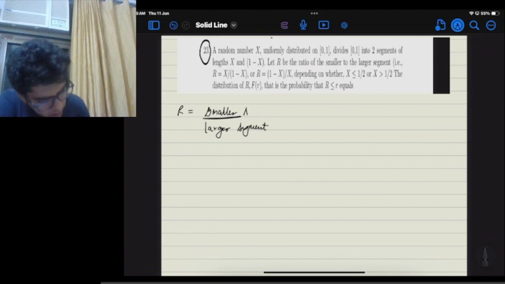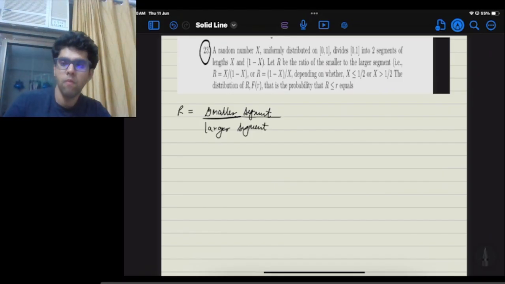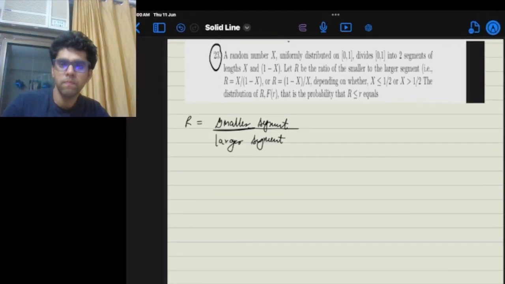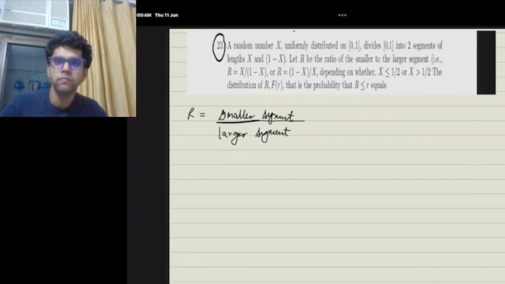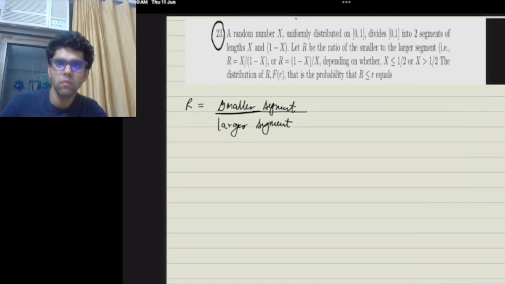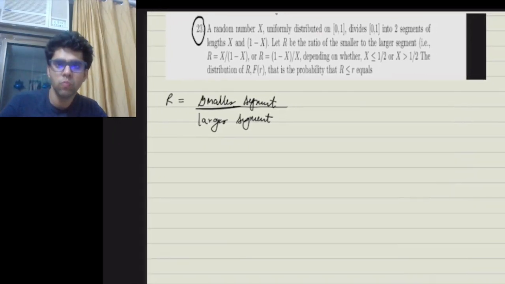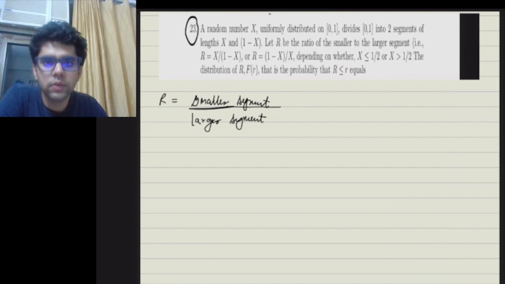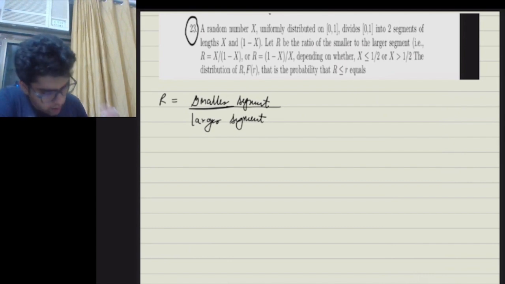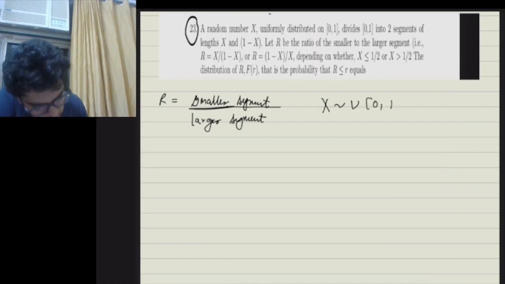So the smaller segment will come in the numerator and the larger segment will come in the denominator. They have given us two forms, and they have told us that x is uniformly distributed on 0 to 1.